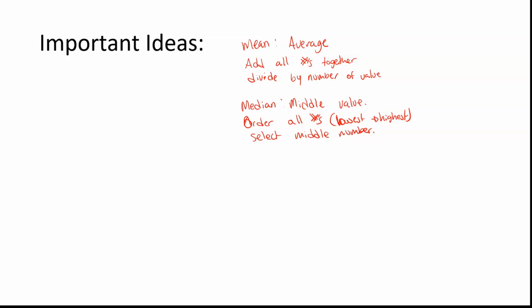If there are two middle numbers, we take their average. So for instance, if our middle numbers were 17 and 19, their average would be 18. So that would be our median.